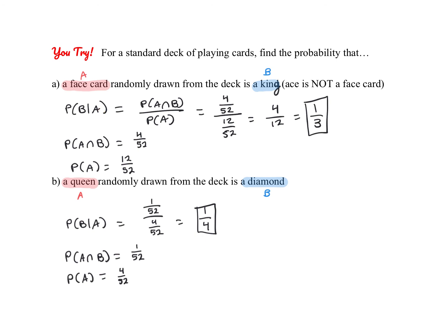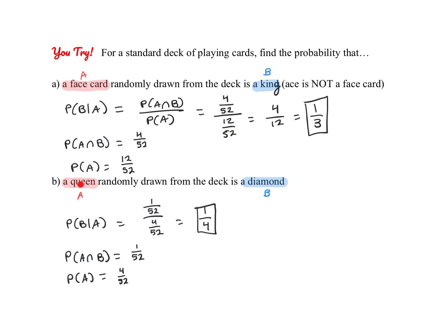There are 4 cards that are both face cards and kings, so the probability of the intersection is 4 over 52. And there are 12 cards that are face cards, so there's 3 per suit, jack, queen, king. Notice ace is not a face card. So it's 12 out of 52, so we do the intersection divided by the probability of A, and we get 1/3.